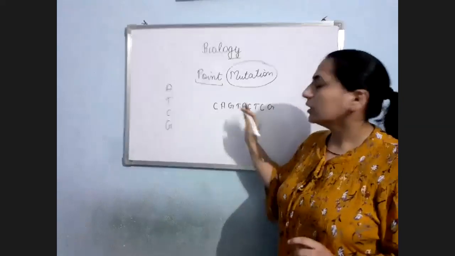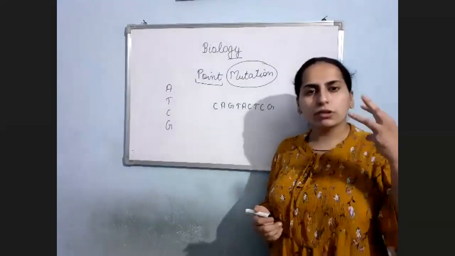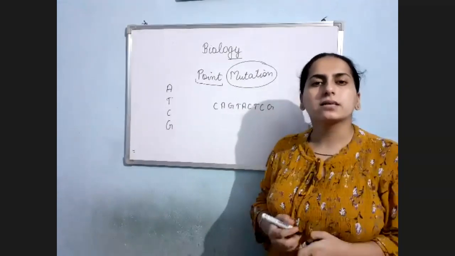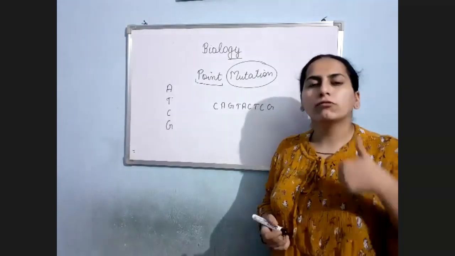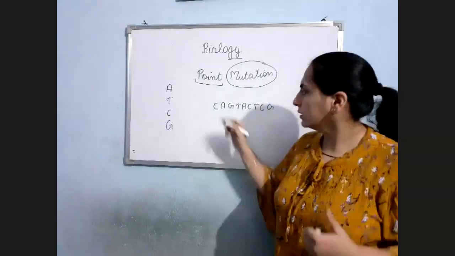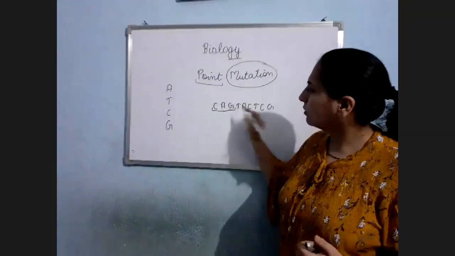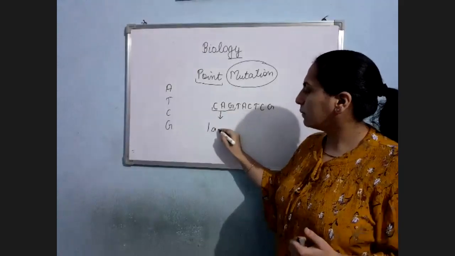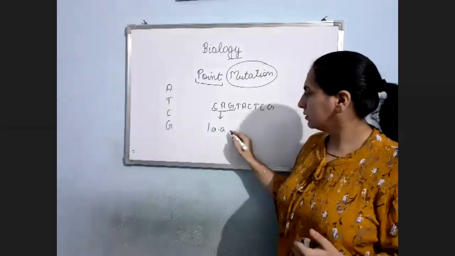This is made by me hypothetically. Now these 3 nitrogenous bases will work as a codon and they will code for 1 amino acid. These 3 will work together and they will make 1 amino acid. Clear?